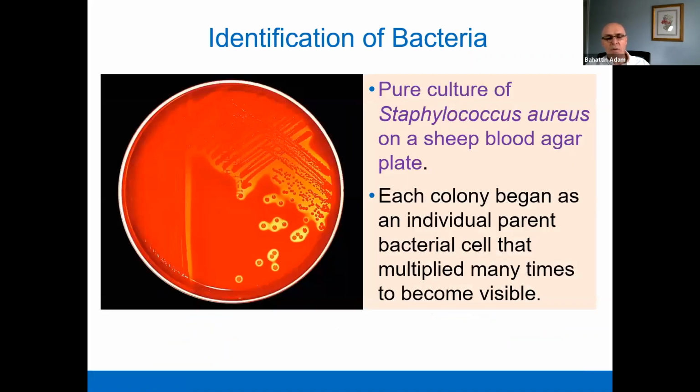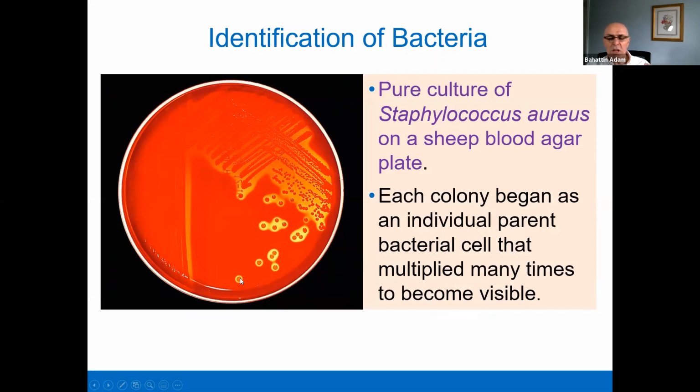Now you see here the pure culture of Staphylococcus aureus. Each colony began as an individual parent bacterial cell. All these are known as a colony, a colony of the bacteria.